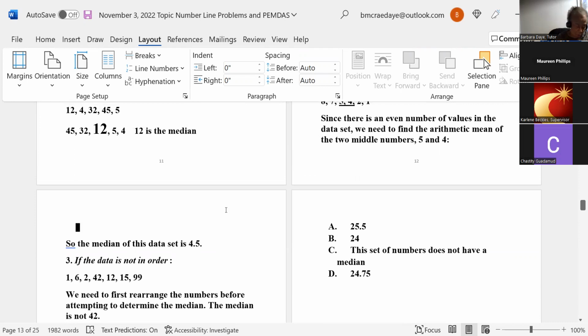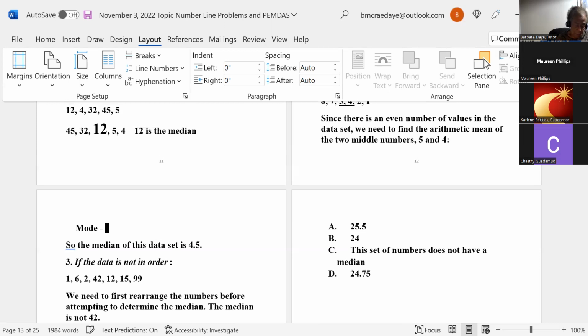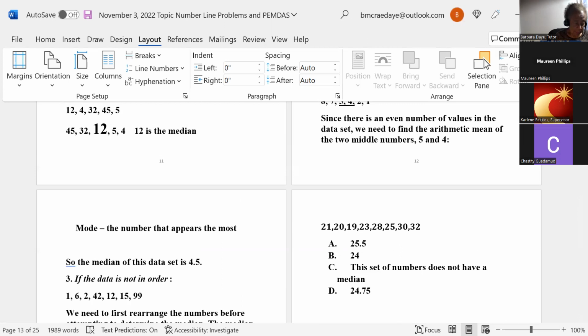Mode: the number that appears the most, or sometimes it says the most frequent number. But I think you can relate mode and most. Let me give you an example. Let me give some numbers here, and you tell me what's the mode.